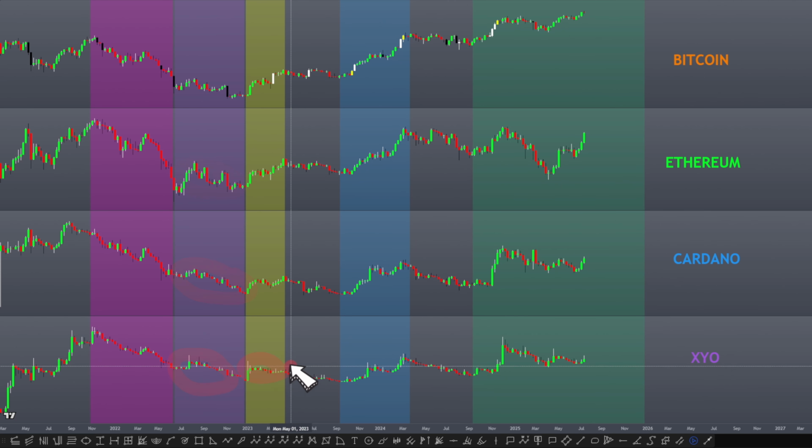Then again, we enter the first run of the overall bull market here, marking the beginning. Ethereum is expanding here to the upside. Again, we see Cardano gradually expanding to the upside. And same thing here for XYO, gradually expanding towards the upside.